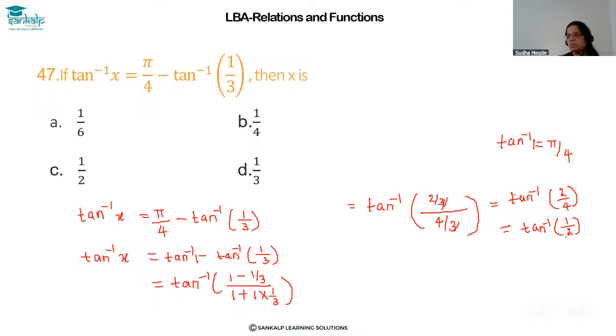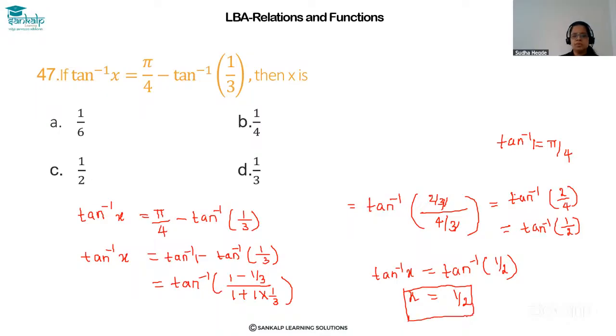What is tan inverse 1 by 2? You don't know the value, but on this side you have tan inverse x, so you can write this as tan inverse 1 by 2. So if you apply tan on both sides, tan and tan inverse cancel. So this side it is x, this side it is 1 by 2. So the x value is 1 by 2 here.